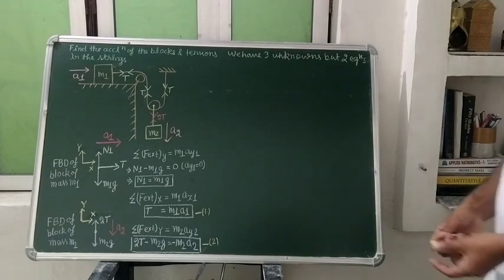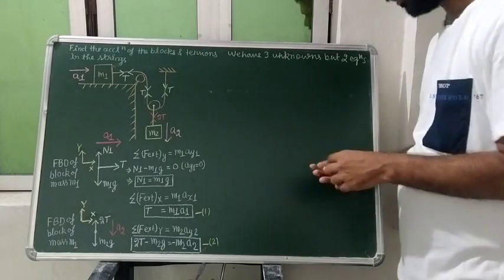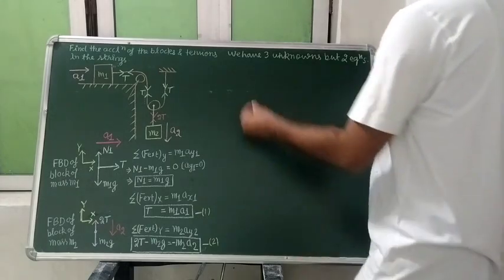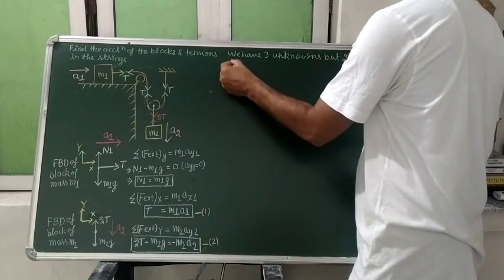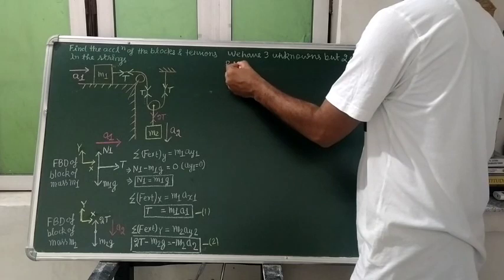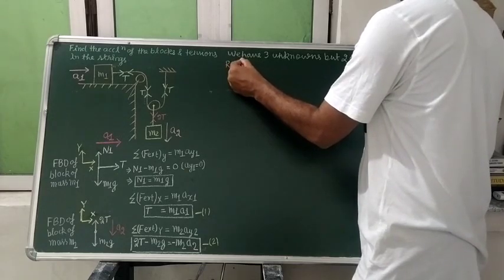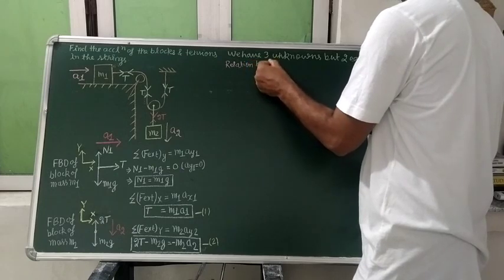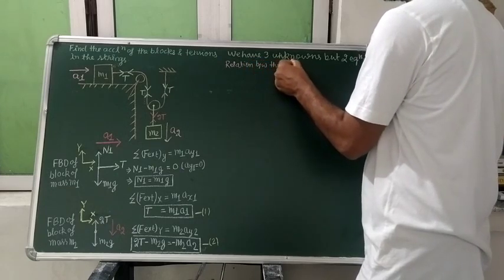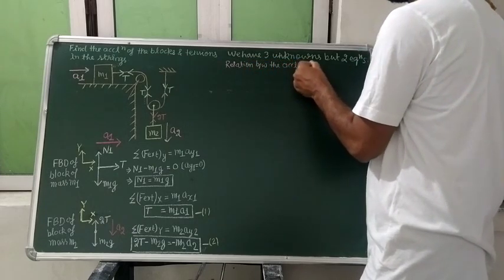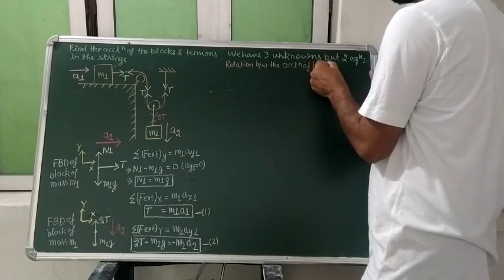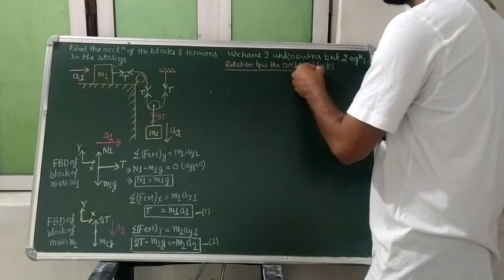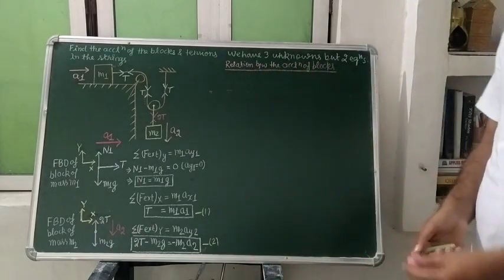So what will we do, students? We will find out the relation between the accelerations of the blocks. Since you want to know the relation between the accelerations of the blocks, you can apply the string theorem.